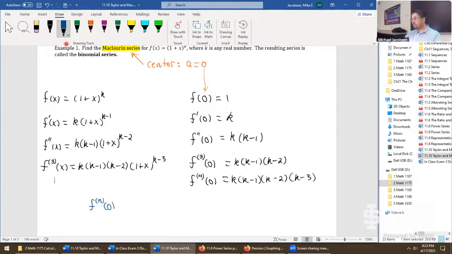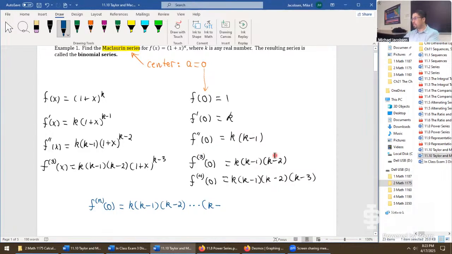The nth order derivative at 0, the center, should be, let's take a look at how this goes. So if n was an index 0, we would just have a 1. Then it would be k times k minus 1, and so on. So let's write in k, minus 1, k minus 2, dot, dot, dot, k minus, and let's see how these relate.